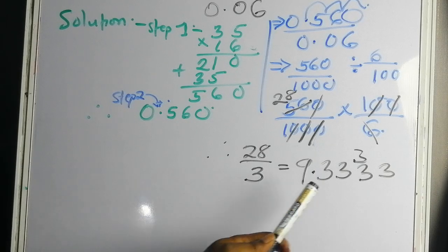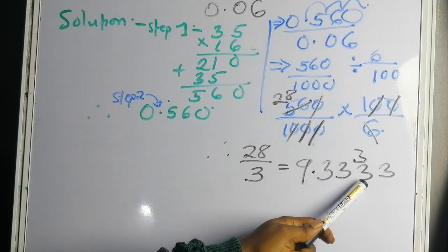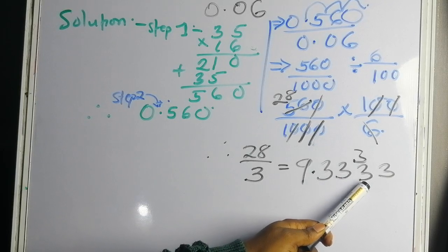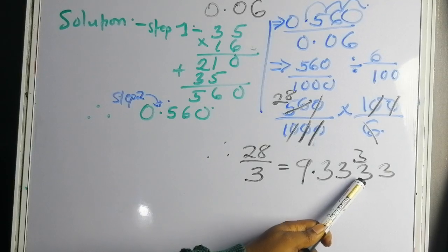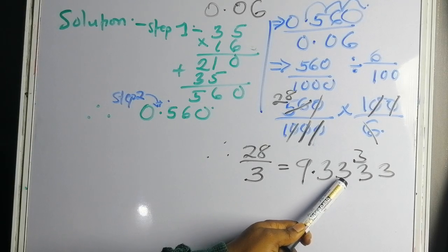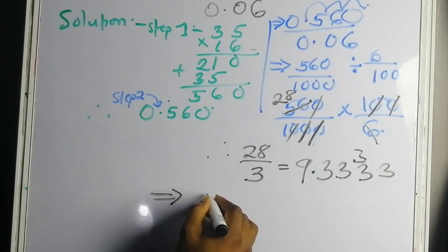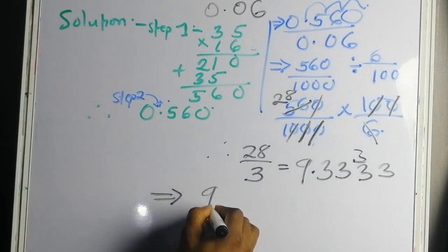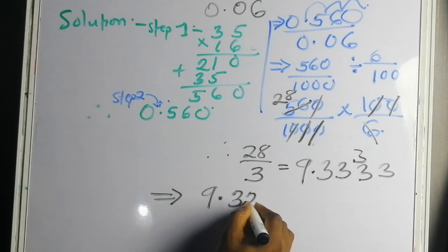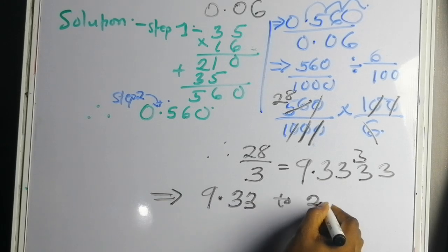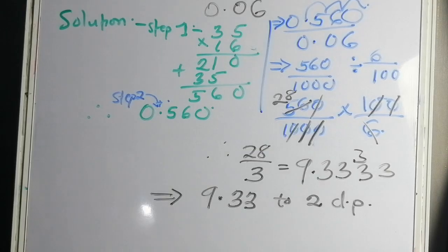So at the end of the day, you have 9.33 to 2 decimal places. It's as simple as that. So that is your final answer.